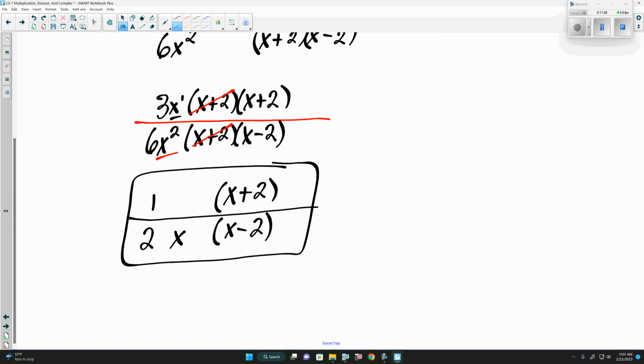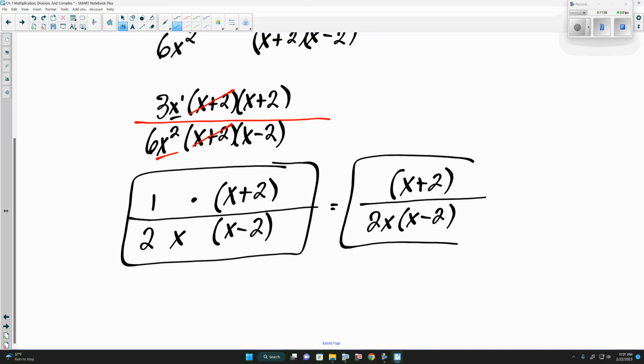Now we could write it a little bit nicer if we wanted, because we don't necessarily need the multiplication of 1 here on top. It can just be x plus 2. The denominator would be 2 times x times x minus 2.